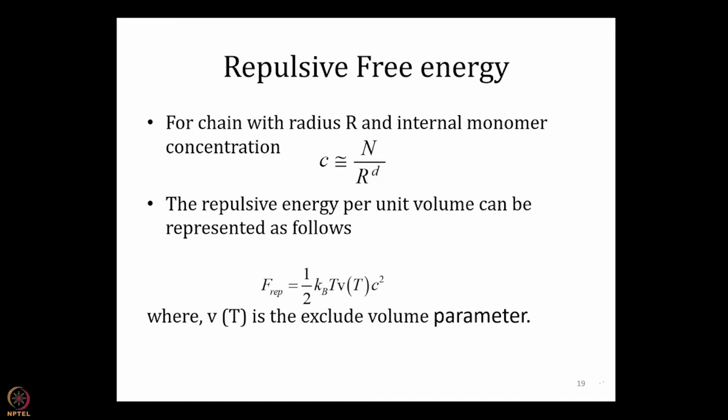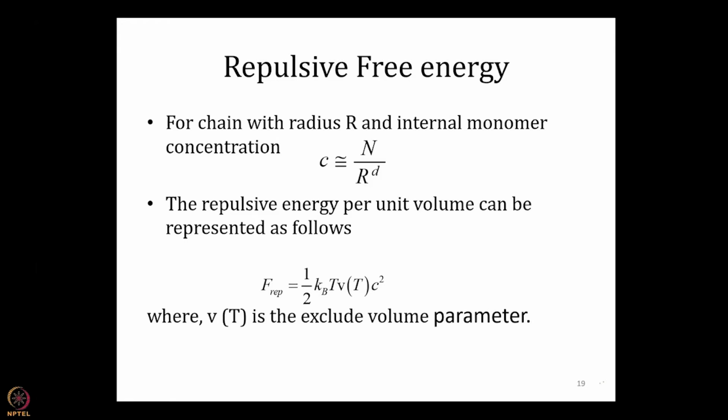The important thing to know is that v_T is a temperature dependent excluded volume parameter, very much like the A parameter in van der Waals theory. That means it's a volume parameter, but it essentially takes care of the interaction energy.